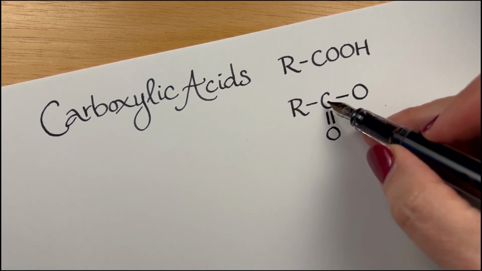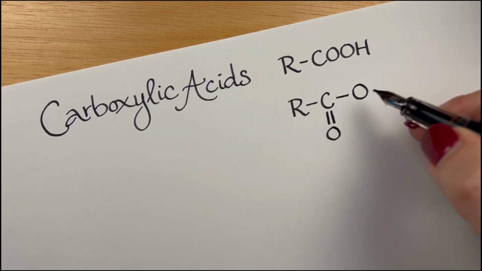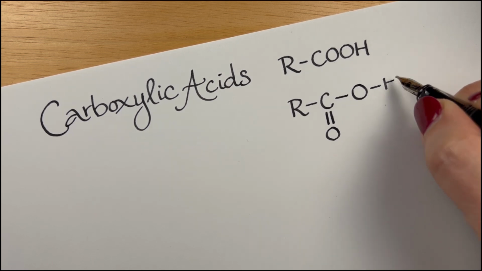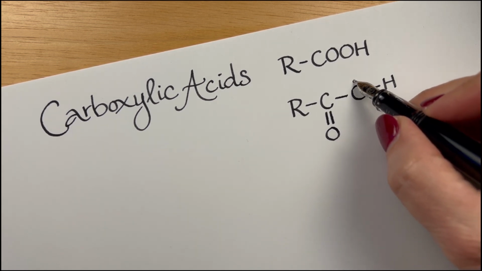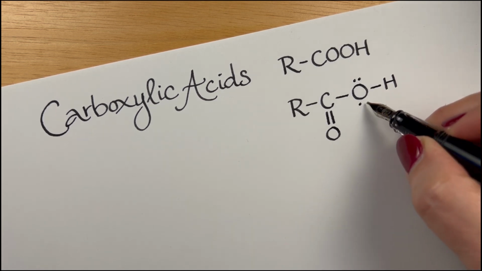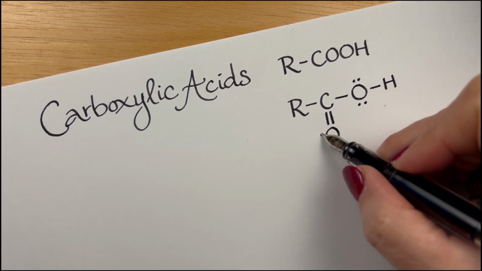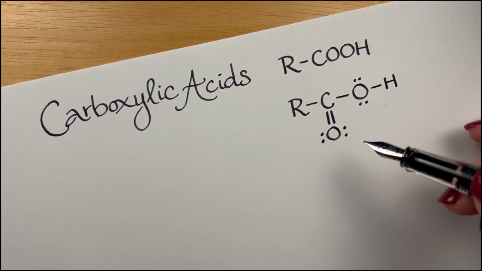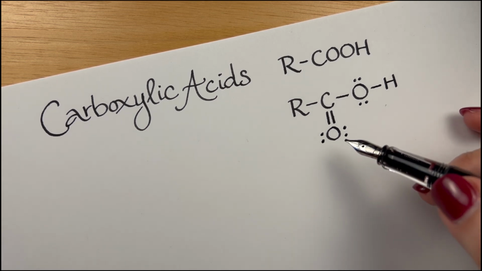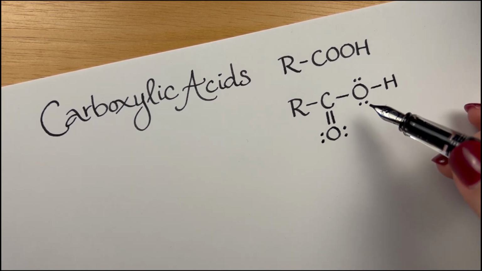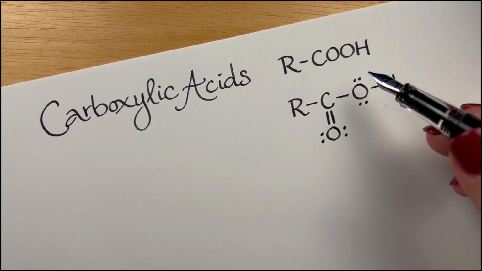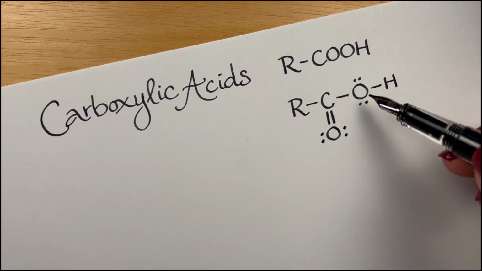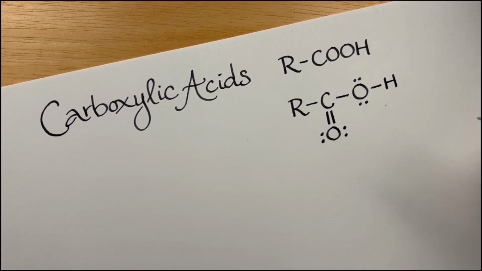So notice how this carbon is bonded to both, and they are not bonded together. And then this oxygen is bonded to the hydrogen. This oxygen does have 2 lone pairs, as does this one. But sometimes in organic chemistry, those lone pairs are not included. They are just assumed to be there. So don't be surprised if you don't see them.